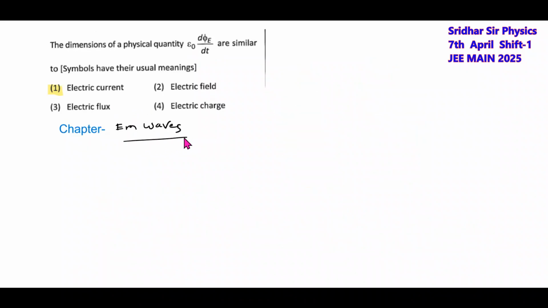The question belongs to the chapter EM waves. The dimensions of the physical quantity epsilon naught d phi by dt are similar to, then you know the modified Ampere circuital law: integral of B dot dl equals mu naught times conduction current plus displacement current. The displacement current will be epsilon naught d phi E by dt.